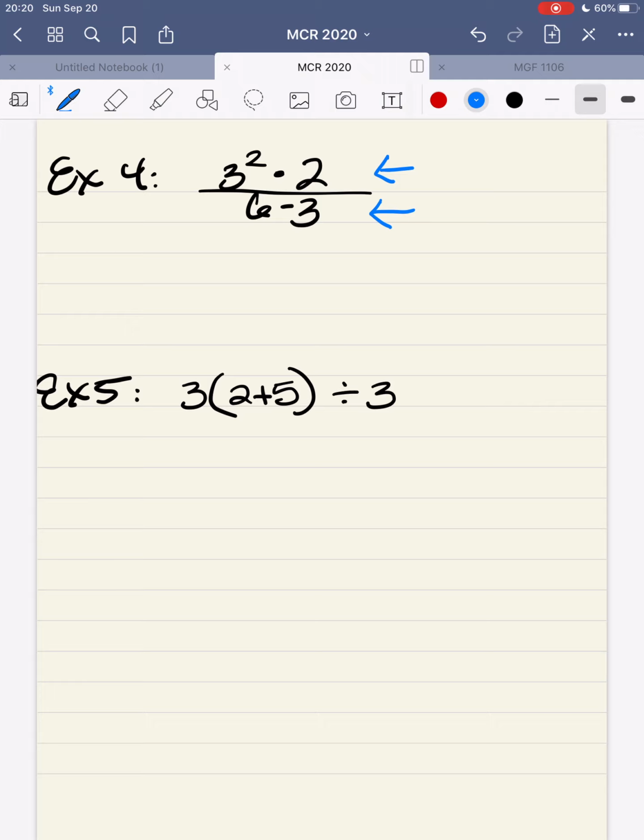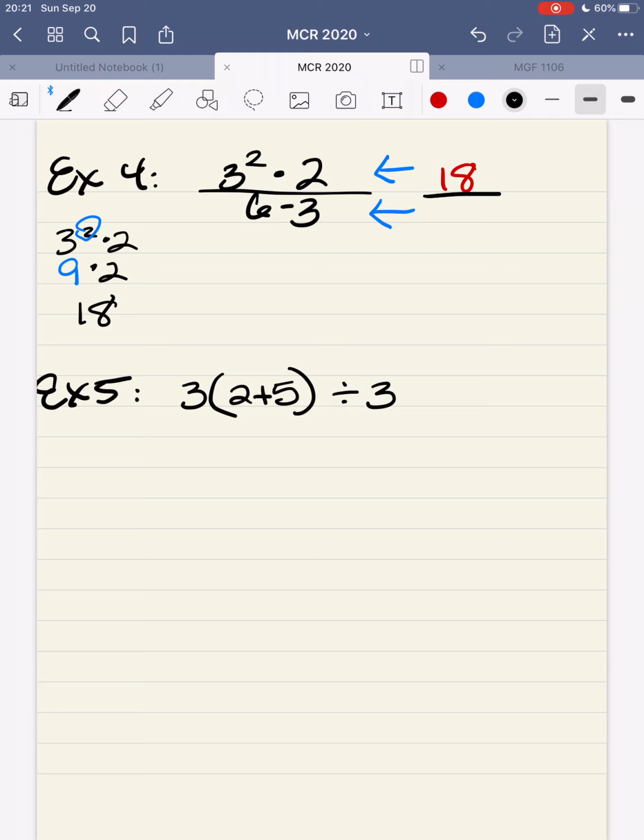So first I'm going to look at the 3 squared times 2, okay? And I go through my order of operations. Do I have any parentheses? No. Do I have exponents? Yes, I do. I have a squared term, okay? So 3 squared is 9, and that 9 gets multiplied by 2, and 9 times 2 is 18, and I don't have any addition or subtraction. So that is my numerator of my fraction.